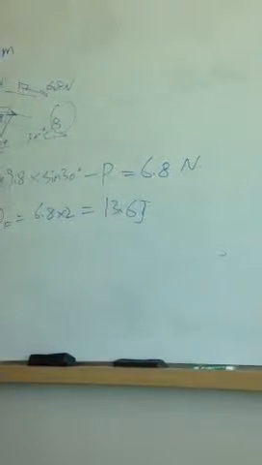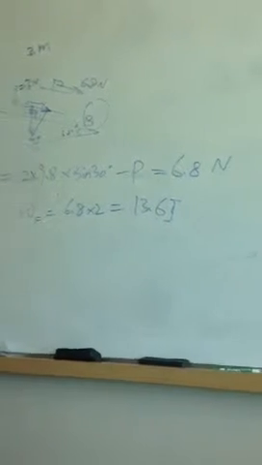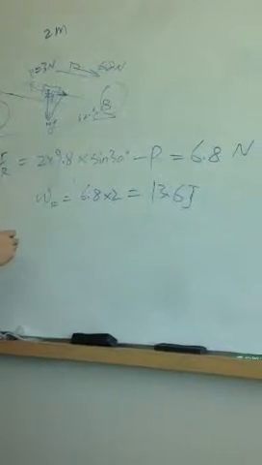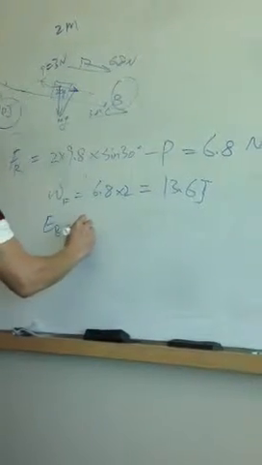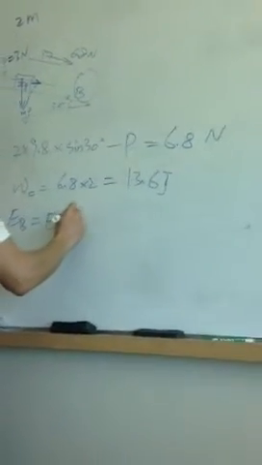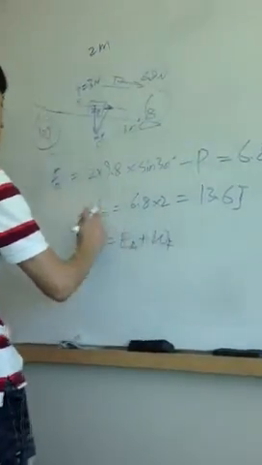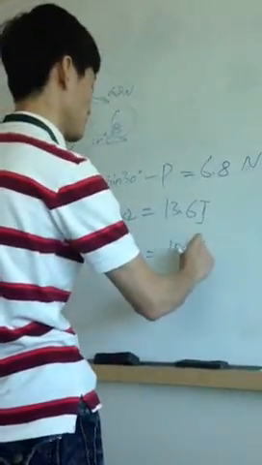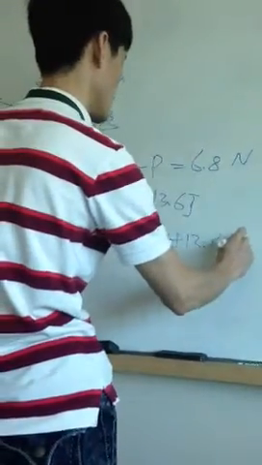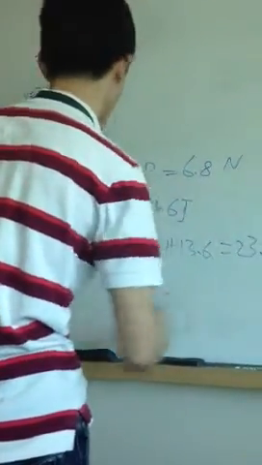And because we know the initial energy, the energy at B will be initial plus the work of the total force, which is 10 plus 13.6, which is 23.6.